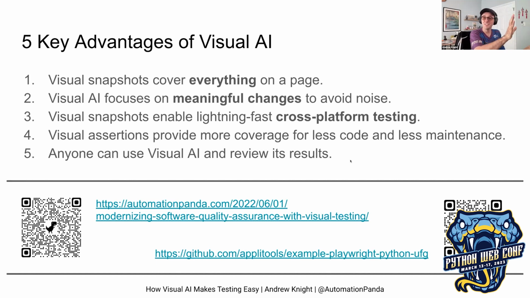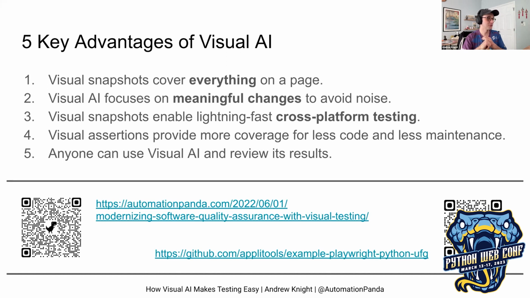So here, this slide is the money shot. One place with the 5 key advantages of visual AI and what it can do for your testing. Number 1, visual snapshots cover everything on the page. Number 2, visual AI focuses on meaningful changes to avoid noise in your results. Number 3, visual snapshots enable lightning fast cross-platform testing for both desktop and mobile.